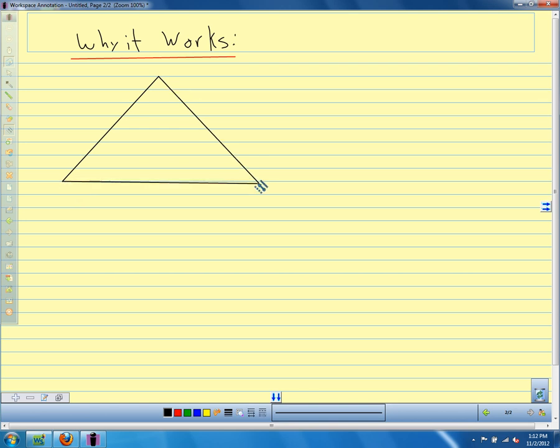So what I'm going to do here is take my triangle ABC, and I'm going to draw in, this is side b, this is side a, the height of the triangle. So here's my height.